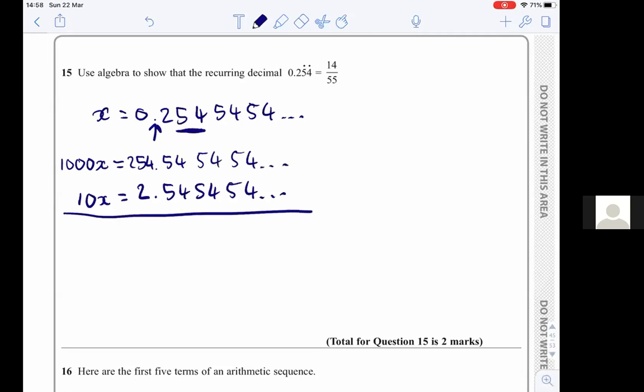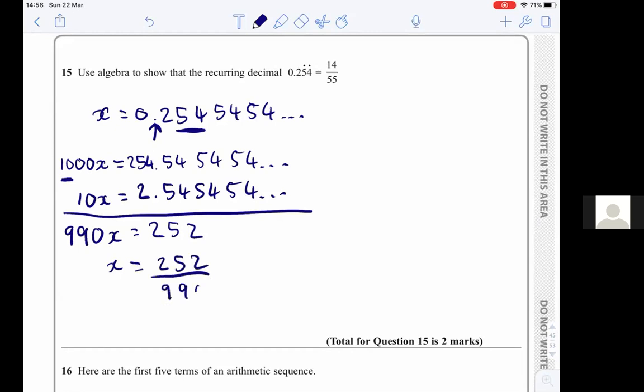Now, taking one away from the other gives me 990x. The decimals will cancel out, which is why I wanted them to be the same after the decimal point. And then 254 minus 2 is 252. So dividing both sides by 990, x is going to equal 252 over 990, which, if I simplify, is 14 over 55.